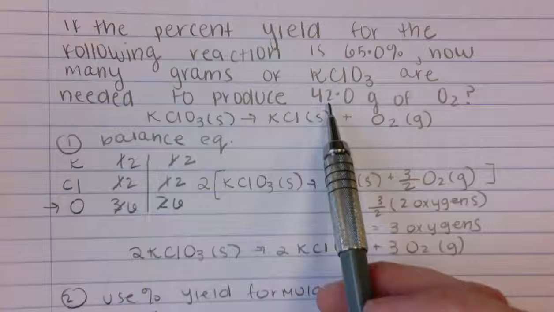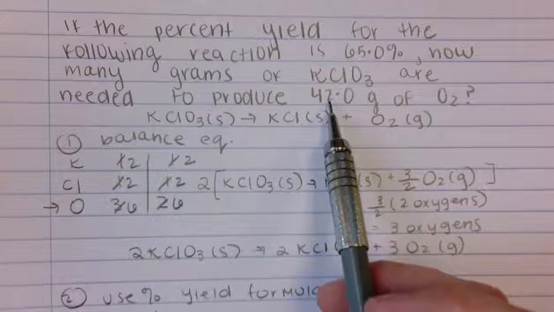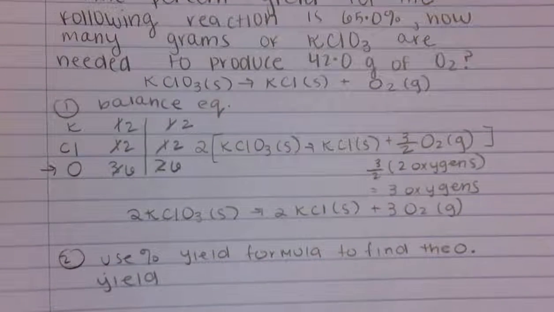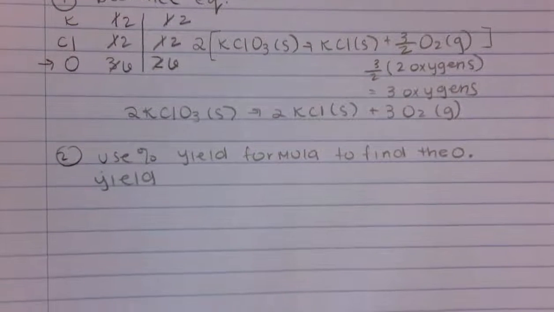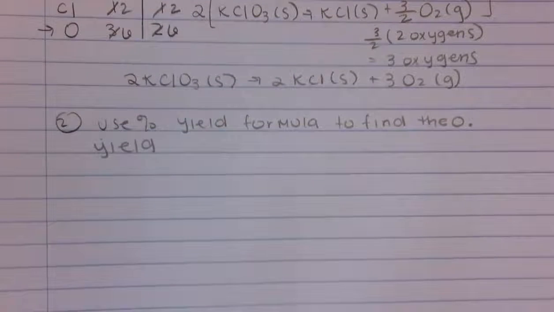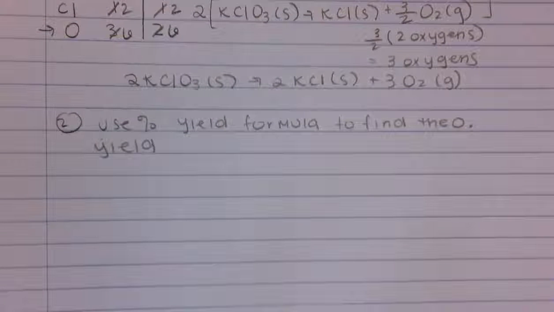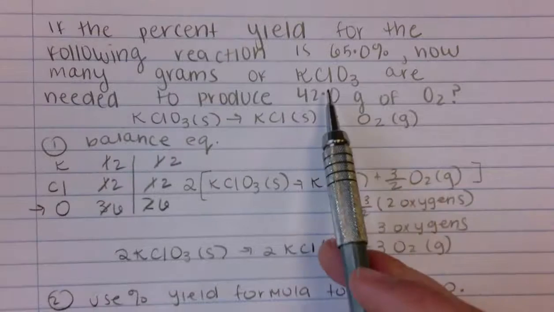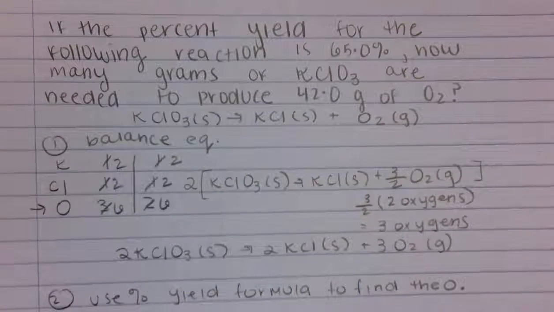We know we have the actual amount of oxygen produced, and that allows us to find the theoretical amount that we could have produced. We want to find that theoretical amount because we're dealing with conversions based on stoichiometric coefficients from our balanced equation. And so when we're doing that, we need to know theoretical amounts to find, for instance, the amount of potassium chlorate needed.